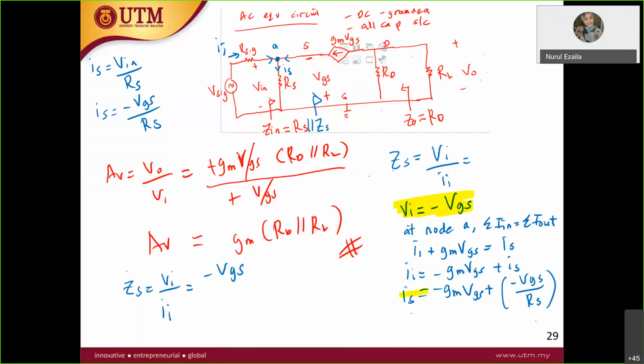I in is equal to this portion. This is not IS, this is I in. This portion is over negative GM VGS minus VGS over RS. If you simplify this, you will get Z in is equal to RS parallel with 1 over GM.